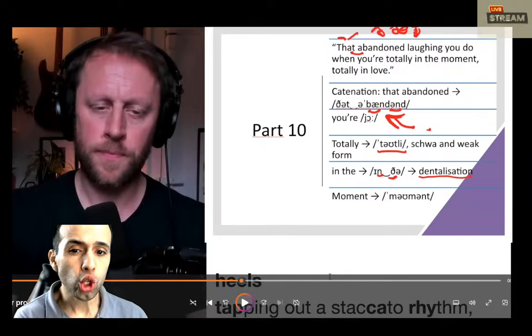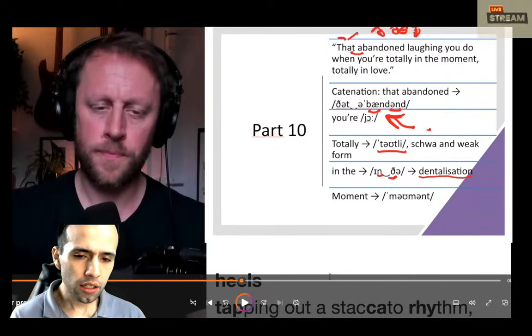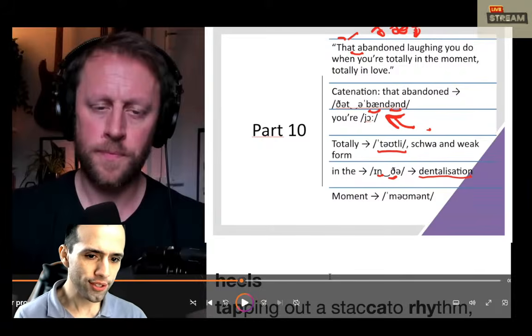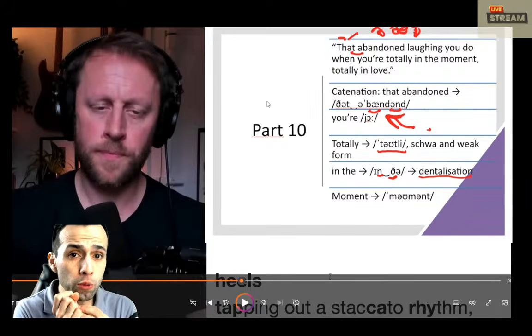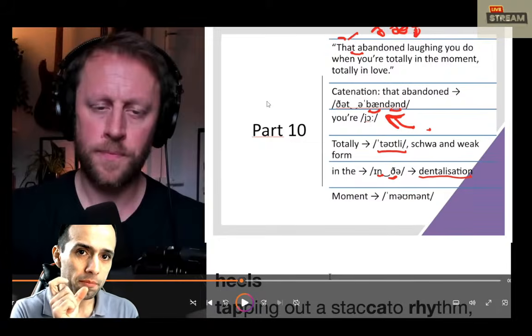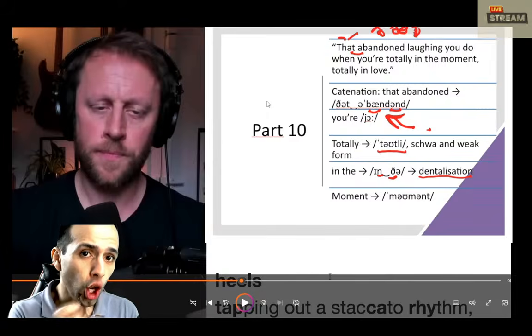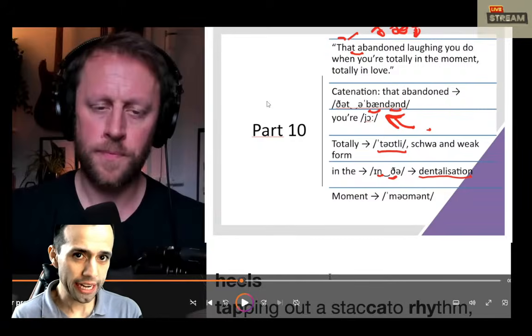What you get here is the second T is a flap T, which means that you pronounce the T as if it were a kind of D sound. Totally, totally. That's in American English, okay? British English, totally.